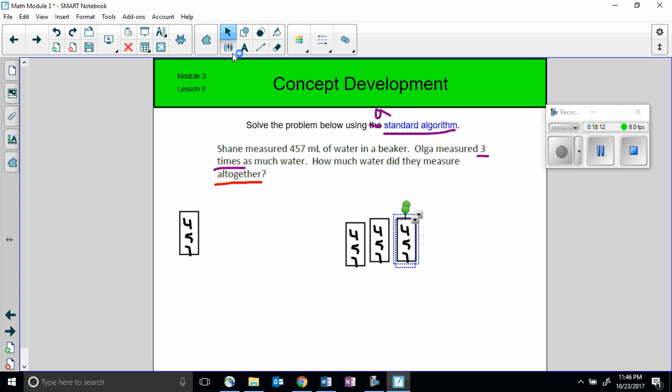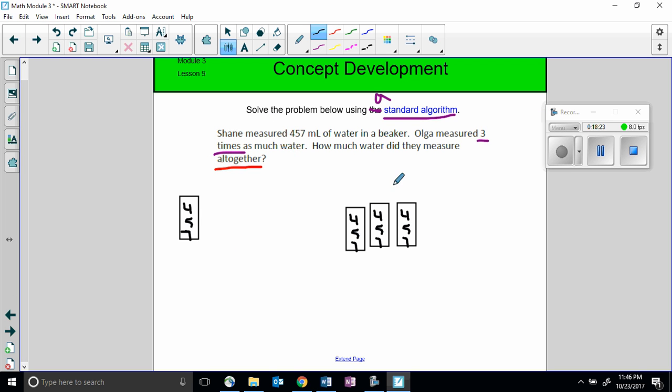How many groups of 457 do you see? I have 1 group, 2 groups, 3 groups, 4 groups. So because I drew it out, I can save myself a step and just go, oh, it's 457 times 4, because I see 4 groups. Shane's 1 and Olga's 3. And we wanted to know how much did they measure all together.